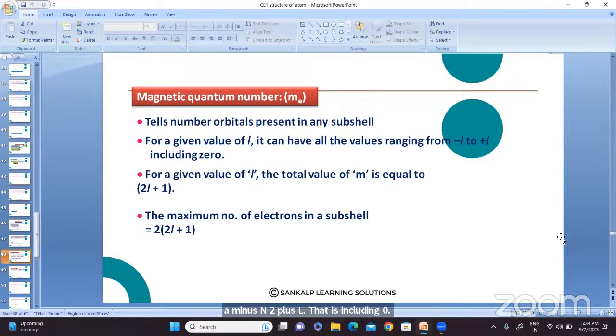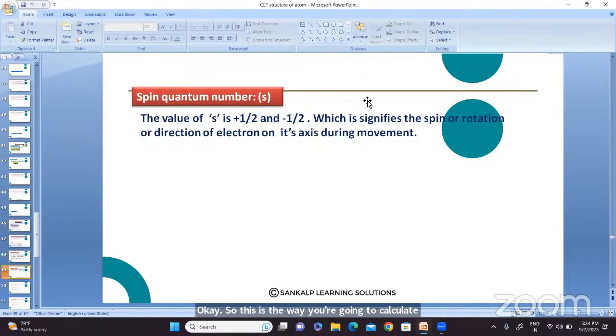For a given value of l, the total number of values of m will be 2l plus 1. Then the maximum number of electrons in a subshell can be calculated as 2 into 2l plus 1. Then the spin quantum number, represented by small s.